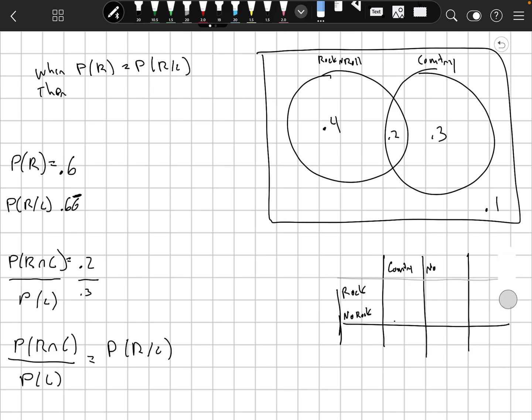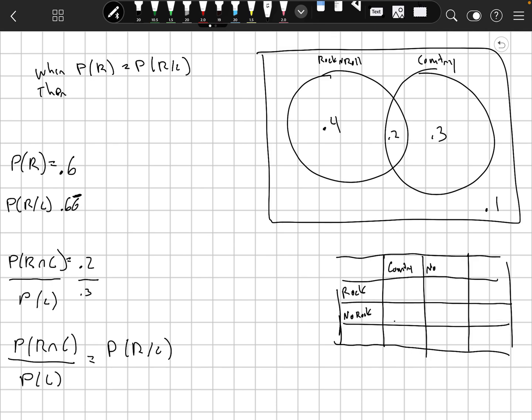So let's also put this in a frequency table so you can see it that way too. If you liked rock and roll and country, it was 20%. If you just liked rock and roll, it was 40%. So 60% of the people in all surveyed liked rock and roll. And country and rock and roll, 20% again.